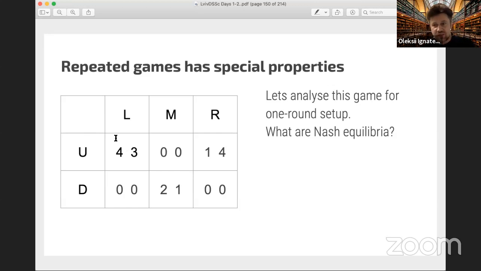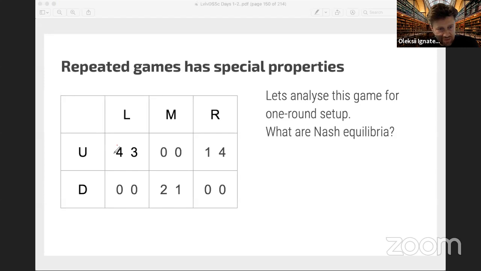So let's imagine this game. Let's analyze it for a one-round setup. We have the best response for the first player here, here, and here, and the best response for the second player here and here.